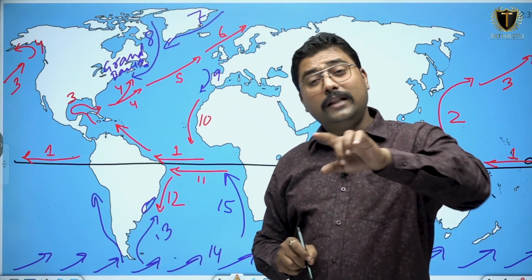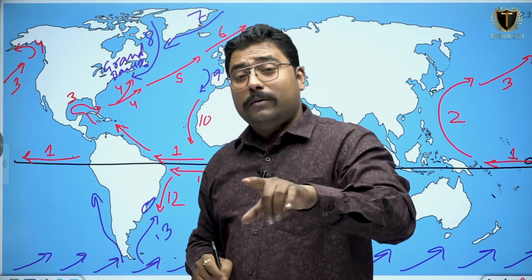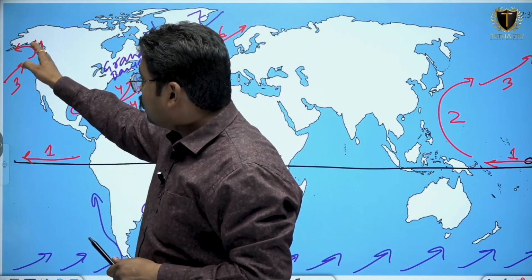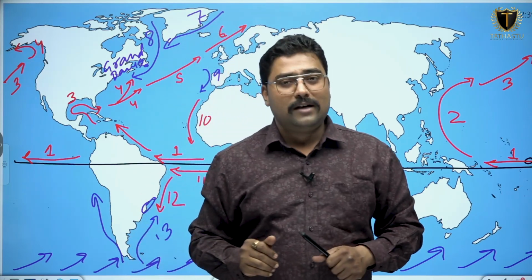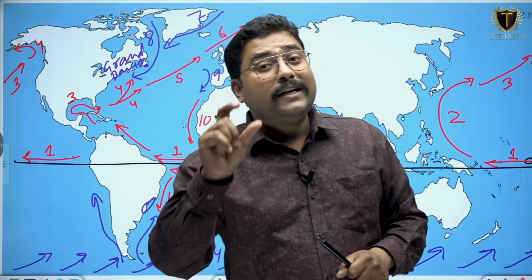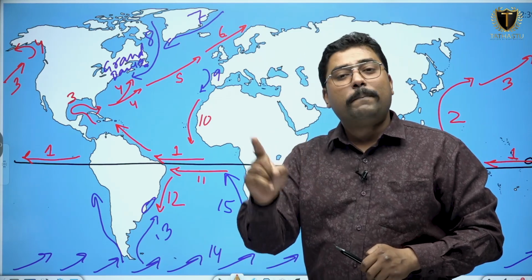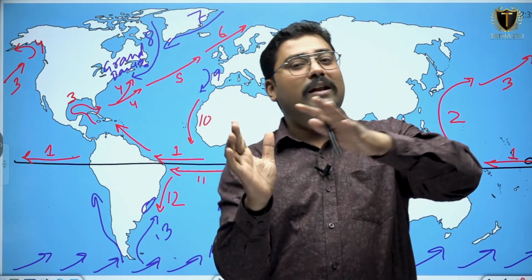Now again the effect: due to the warm North Pacific drift and Alaska current, the western coast of Canada and southern coast of Alaska, instead of being located near the Arctic Circle or temperate region, are open throughout the year. Means again they will help the shipping industry.